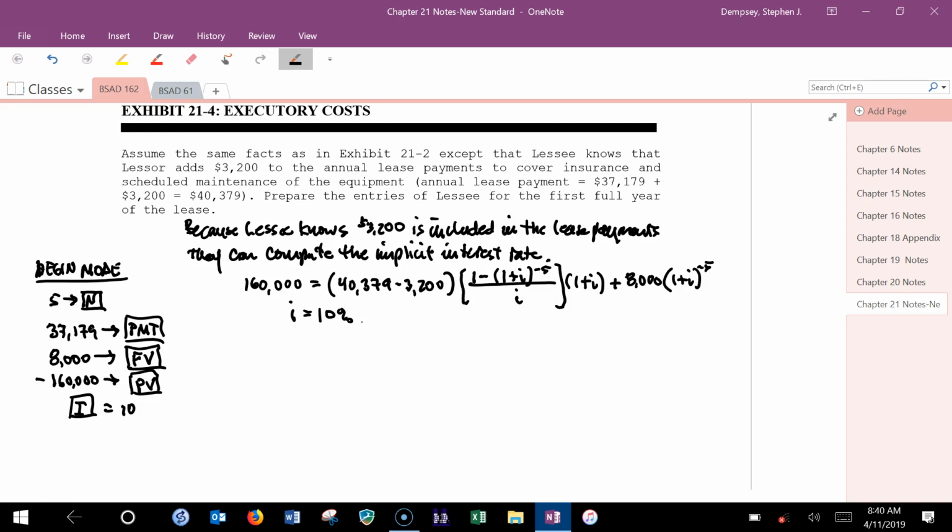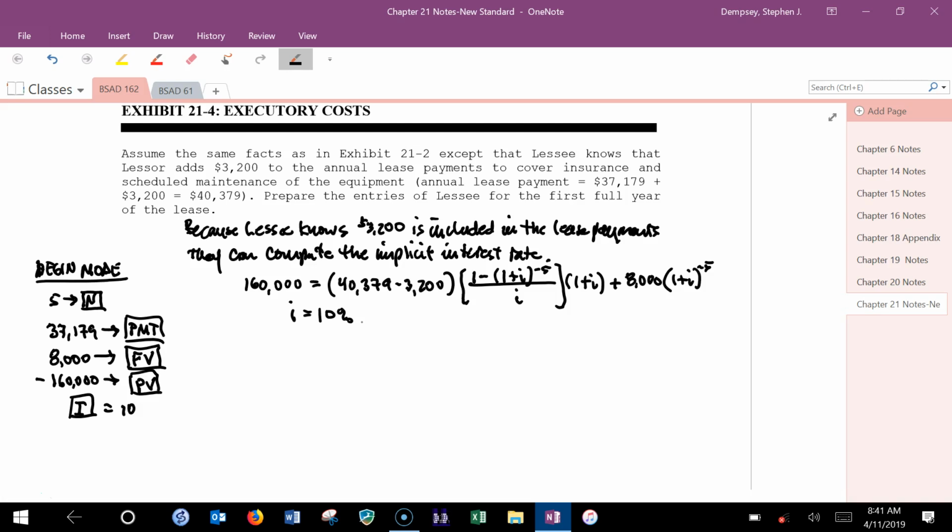But even if like they didn't know it, you subtracted. Well, if they didn't know it, they couldn't subtract it. So we're looking at the world from the lessee's standpoint. If they don't know what that executory cost is, they couldn't subtract it out of the lease payment. And the executory costs aren't recovering the value of the asset of $160,000. Yeah, so the lessee would know the lease payment.